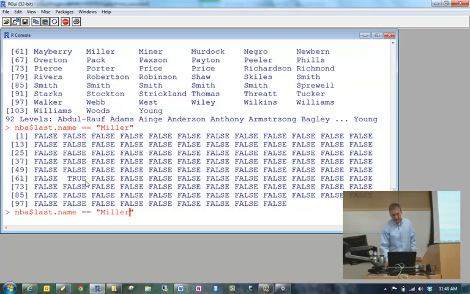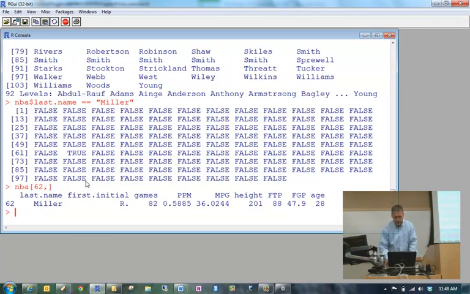Now notice, if I did NBA bracket 62, comma, end bracket, I get Reggie Miller. Alternatively, a little bit more general approach is this. NBA bracket, I put all those trues and falses for the row numbers.